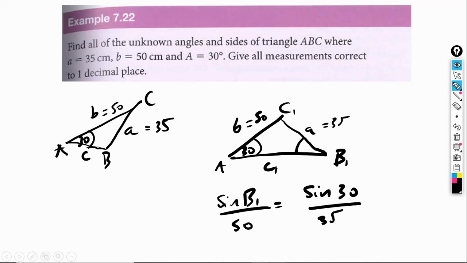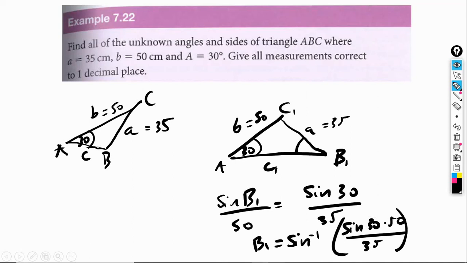So we can find angle B1 by using the inverse sine of that expression: sine of 30 times 50 over 35. That is going to give us approximately 45.6 degrees.